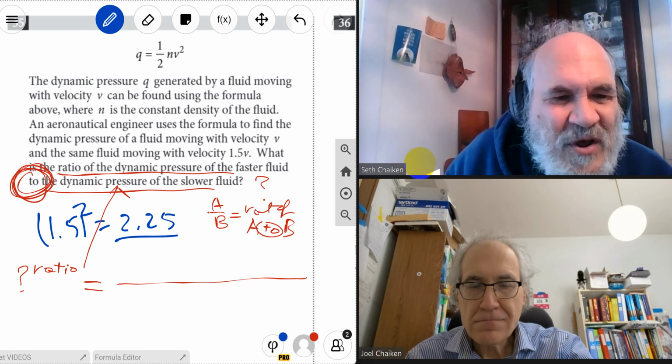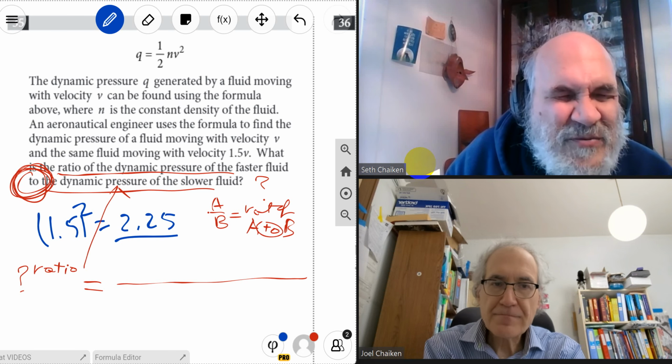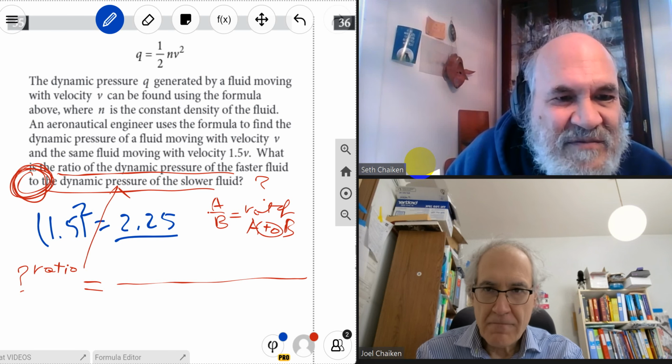The pressure of the slower fluid is, write the formula, 1/2 times n times v squared. The pressure of the faster fluid has the same density properties, but instead of v, it is 1.5 v as its velocity, and that's squared.